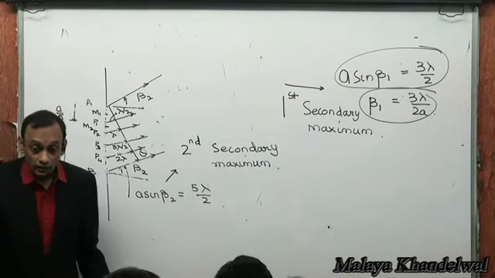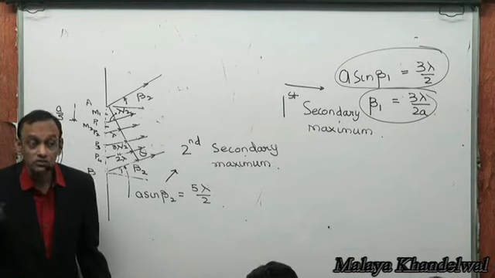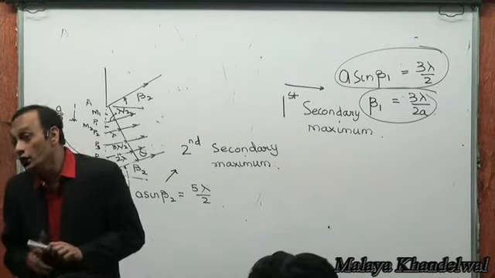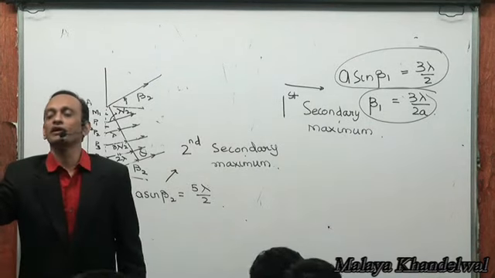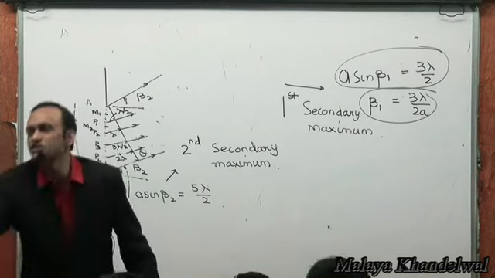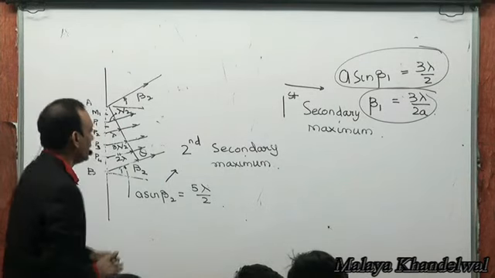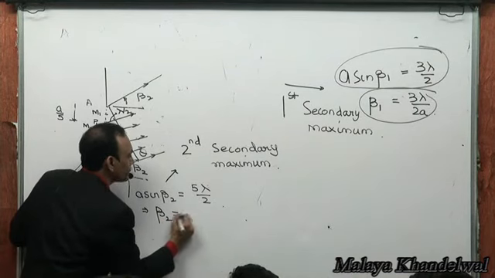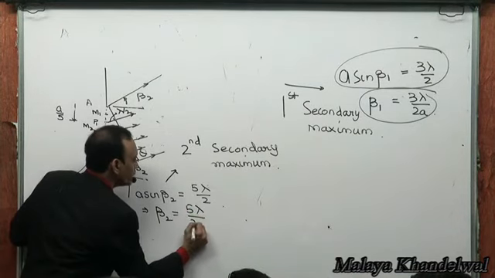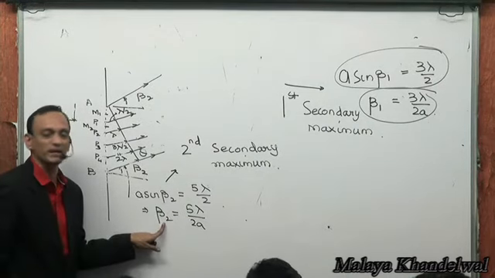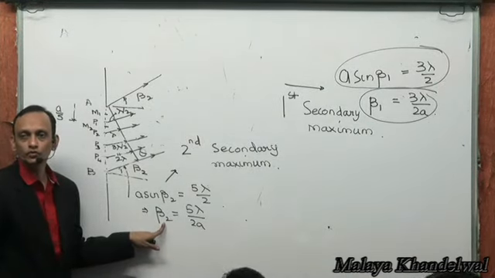And the intensity at the second secondary maximum is less than the intensity at the first secondary maximum. Why? Because a lesser amount of energy is reaching the second secondary maximum compared to the first. And this beta 2 is going to be given by 5 lambda by 2a. On the premise that beta 2 is small, sine beta 2 could be replaced by beta 2.